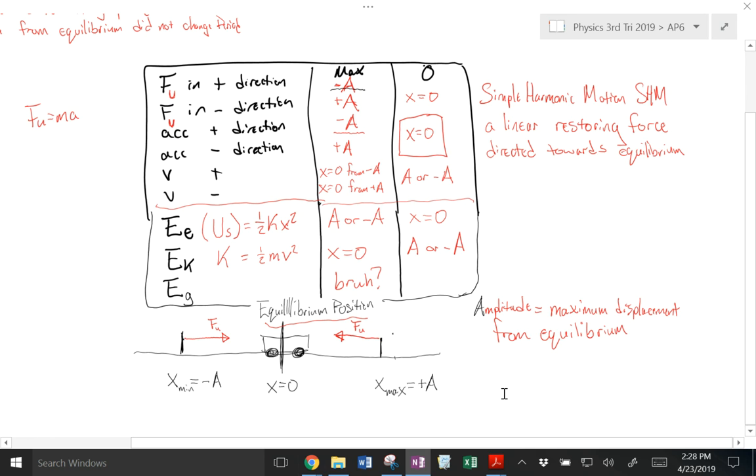Okay, so what are the similarities here to the other one? Oscillate.